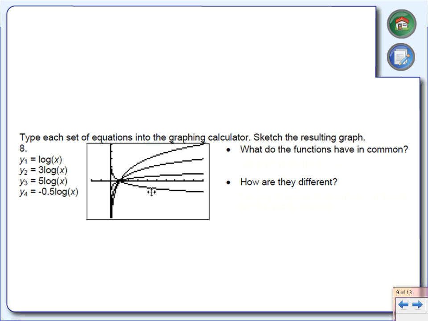That's the graph of all four of those functions there. The first thing they ask us for is, what do they have in common? What do you notice about all four of those graphs? Well, they're all the same shape, but what else besides that? And what is that 1 point? 1, 0. Notice all four of these graphs go to the same point, which is 1, 0. So write that down for me. They all go to the same point.